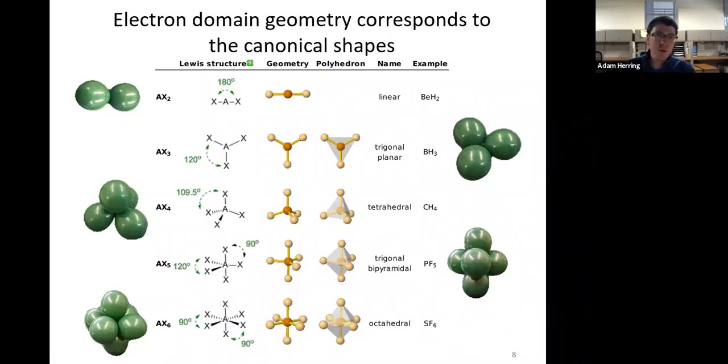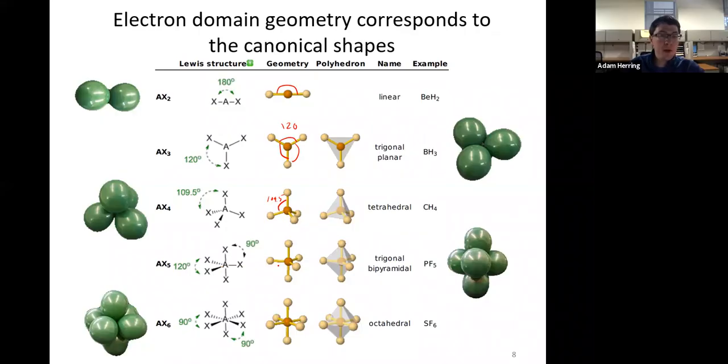So notice when we have a linear structure, the farthest they can be from each other is 180 degrees. For trigonal planar, those bond angles are 120 degrees. For tetrahedral, the bond angles are 109.5 degrees.